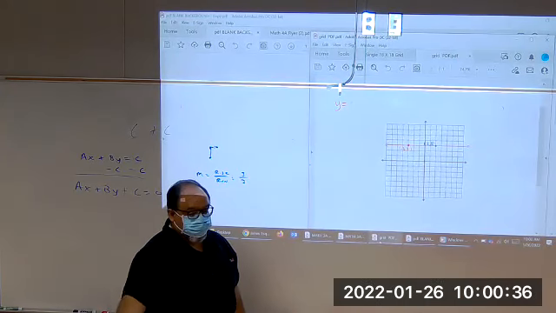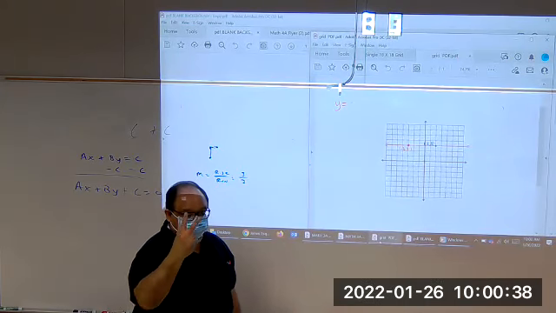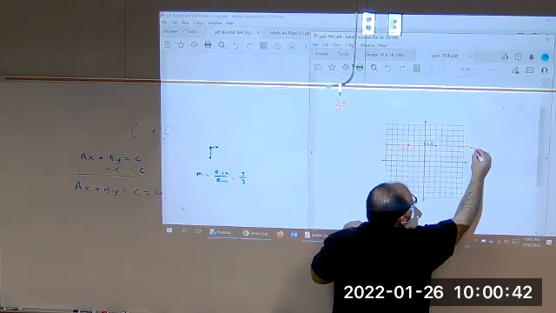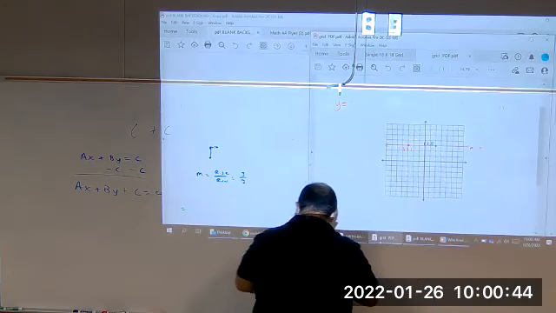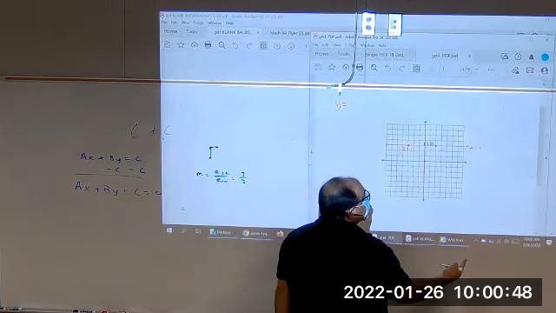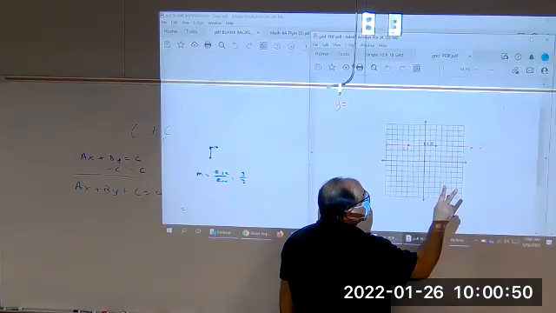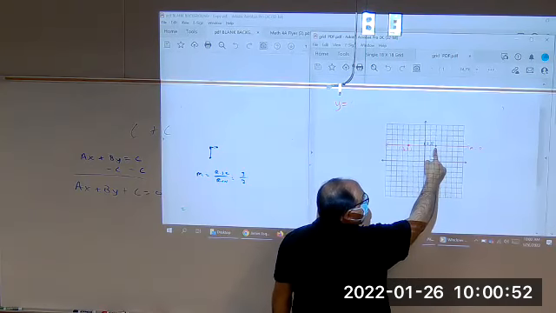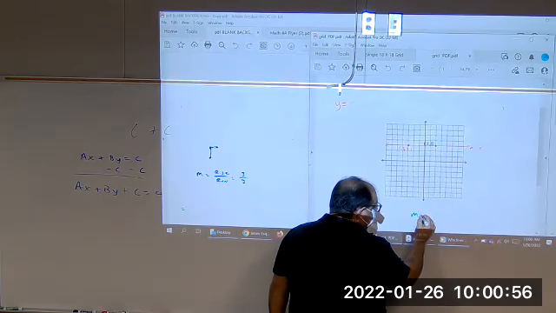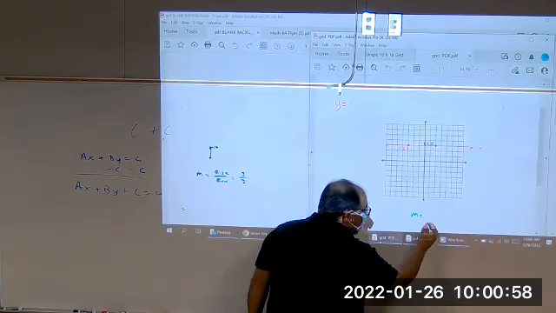Part C said a slope of 2. So I might even label it, this is a slope of 0. C is a slope of 2. So from this point right here, a slope of 2. Now, rise over run.